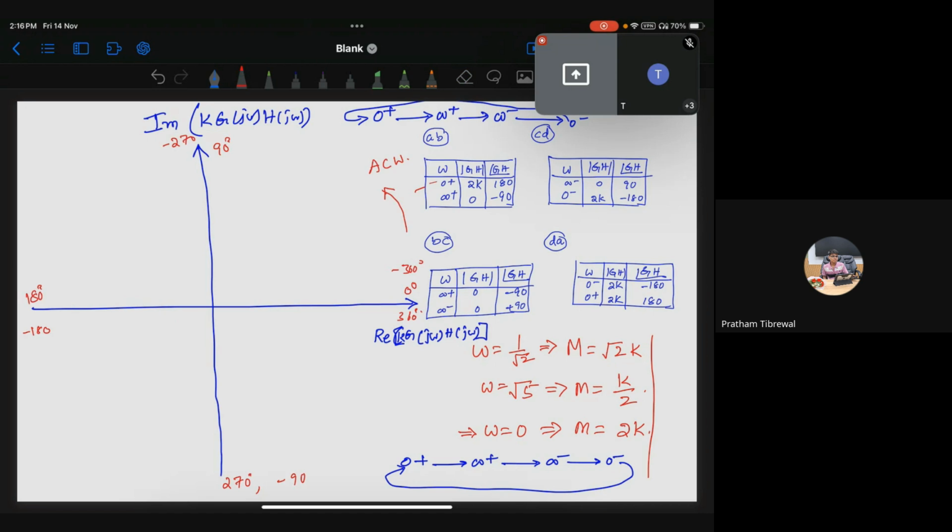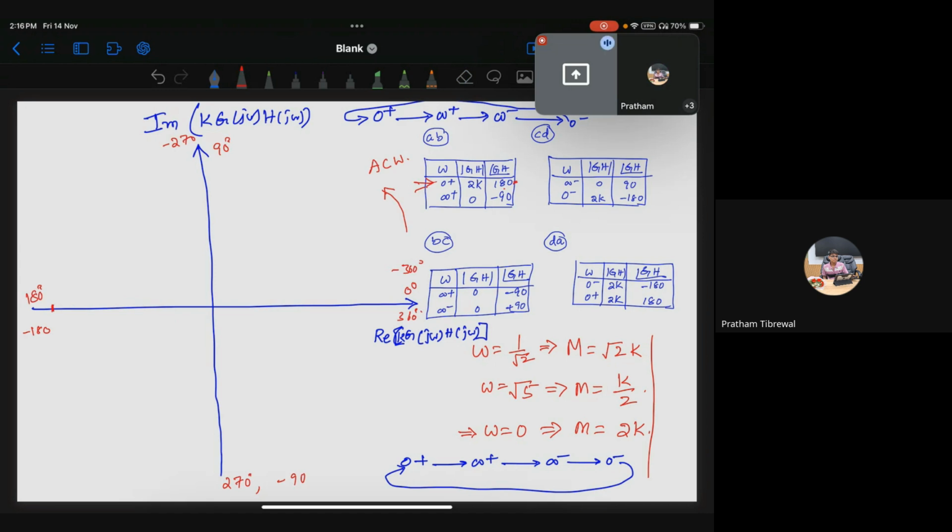Now when omega is equal to 0, what is the angle? 0, or 360. When omega is equal to 0 plus, what is the angle? That is 180, which means this direction.